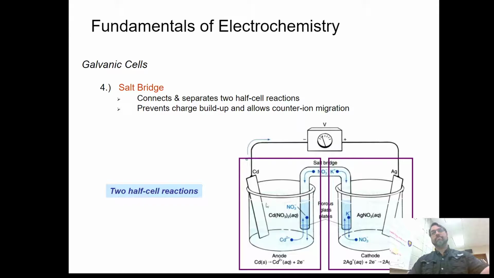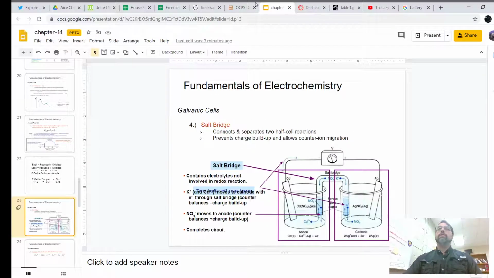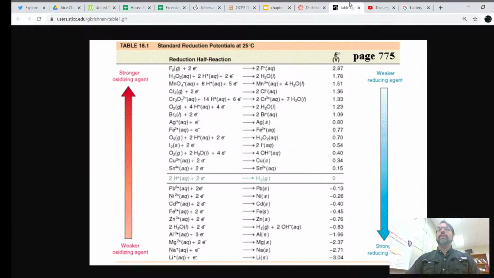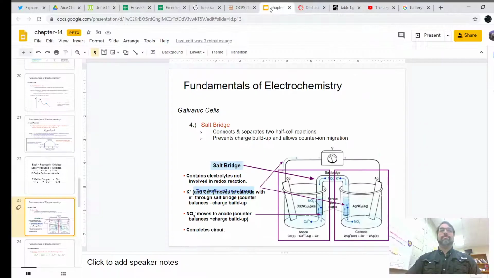Since the electrons are leaving the cadmium, this one's our anode. And since they're coming to the Ag, the silver, this is going to be our cathode. Now we'd take a look over here, and our cathode is 0.80.